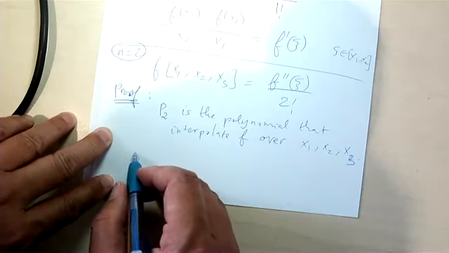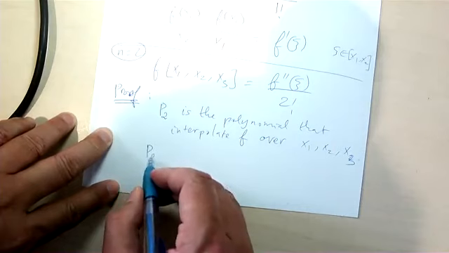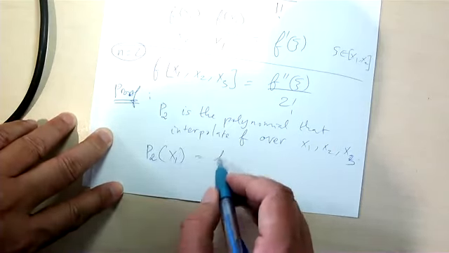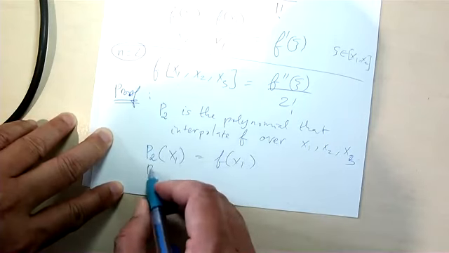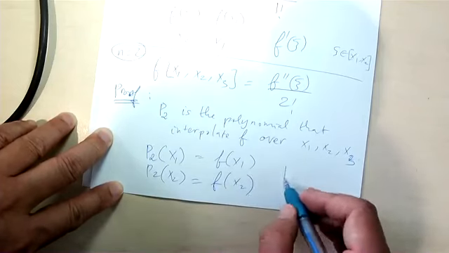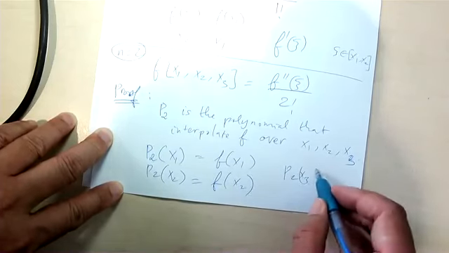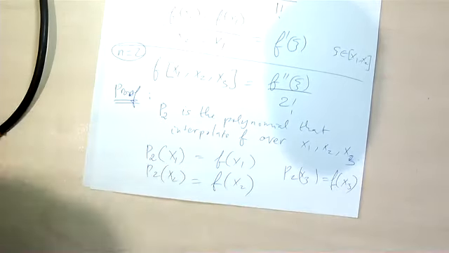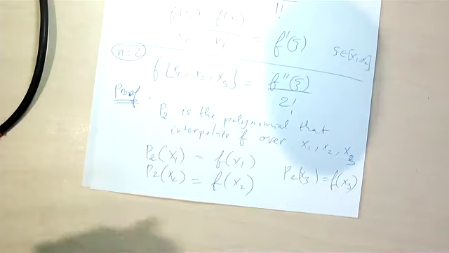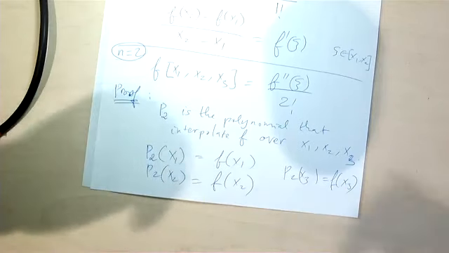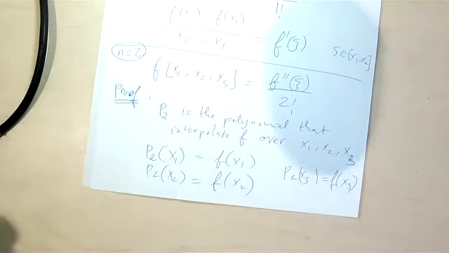P2 is a polynomial such that P2(x1) equals f(x1), P2(x2) equals f(x2), and P2(x3) equals f(x3). Why do I write P2? Because it's a polynomial of degree 2, right? Because you have 3 points, there is a unique parabola that goes through them, and the degree equals 2.